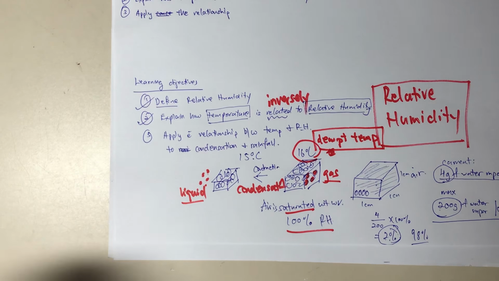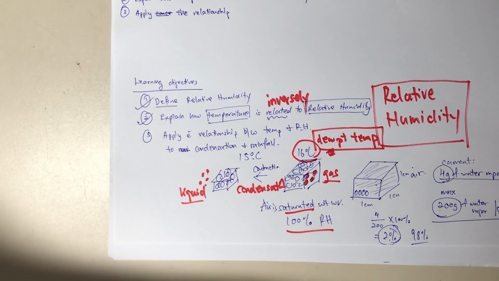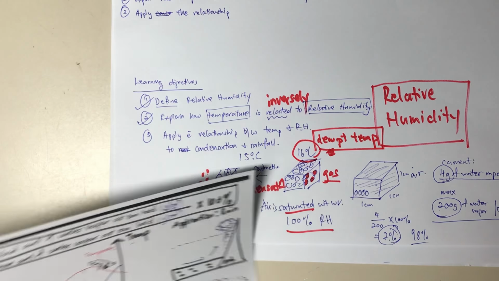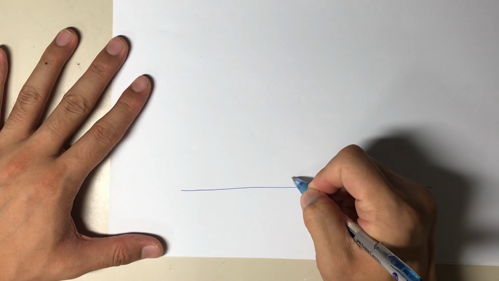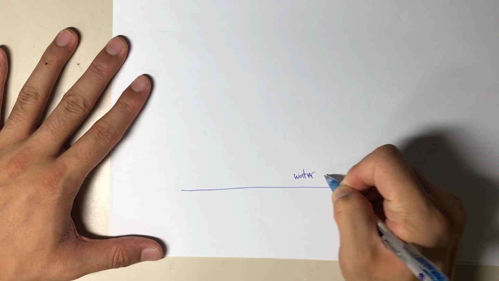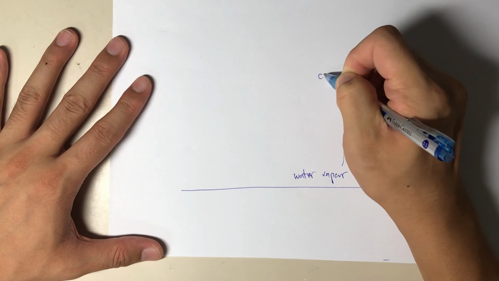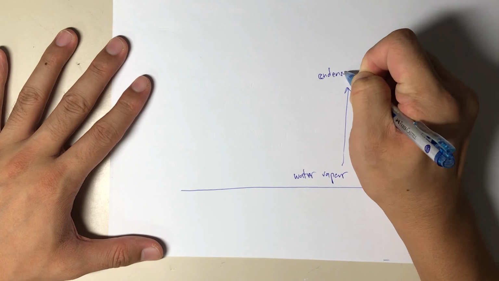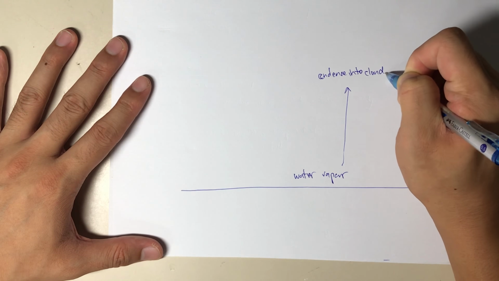Now, I'm going to put this in the situation of rainfall. Water vapor in the end will condense into clouds.